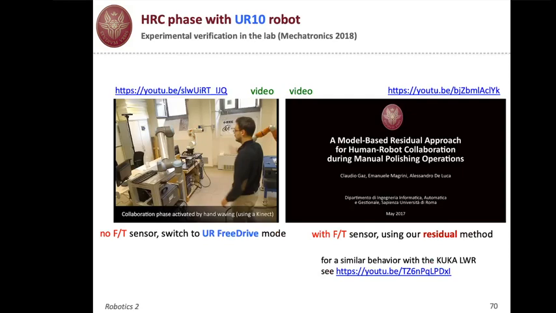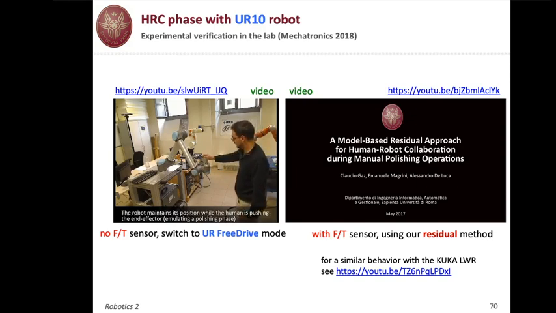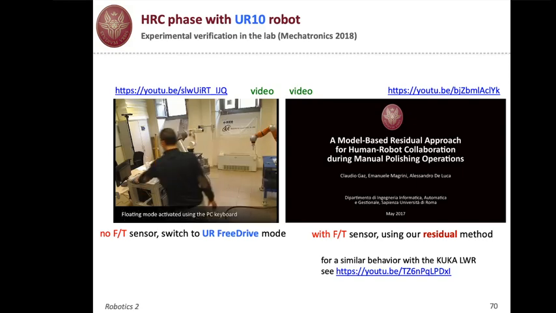So here we see two possible implementations of this idea. The first one uses no force torque sensor and uses a modality of control available on the safety certified lightweight robot UR10. So in this case, a hand waving is used to activate a collaboration. You can see a Kinect in the background. And now the robot is maintaining its position and orientation because we are mimicking a situation of polishing.